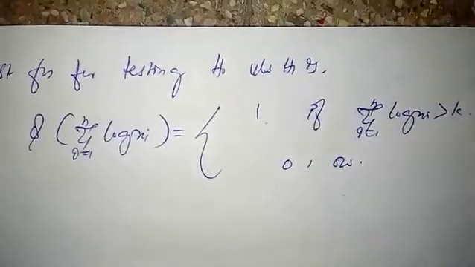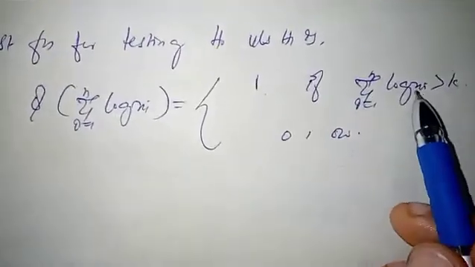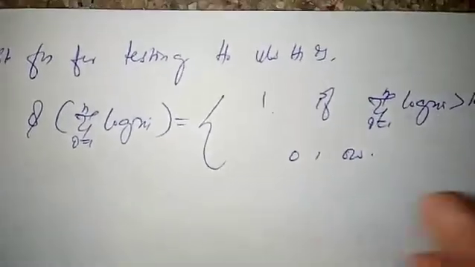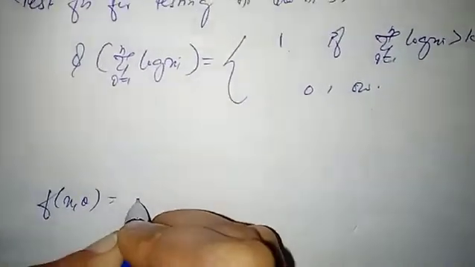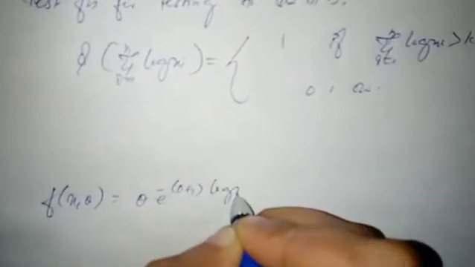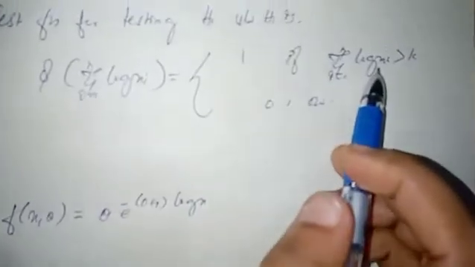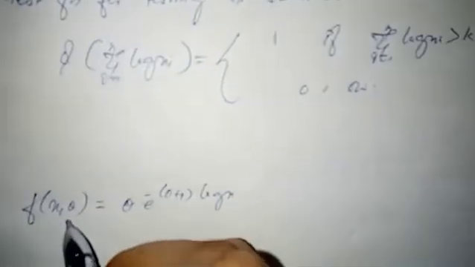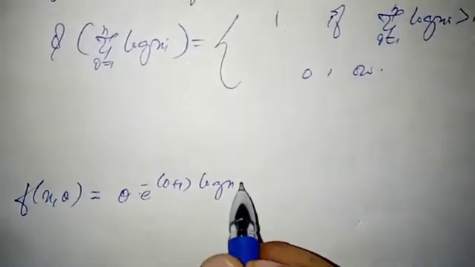But here we know that x follows a distribution with the density f of x; theta equal to theta into e power minus theta plus 1 log x, right? Then what does log xi follow, if x follows the distribution with the density theta into e power minus theta plus 1 log x?